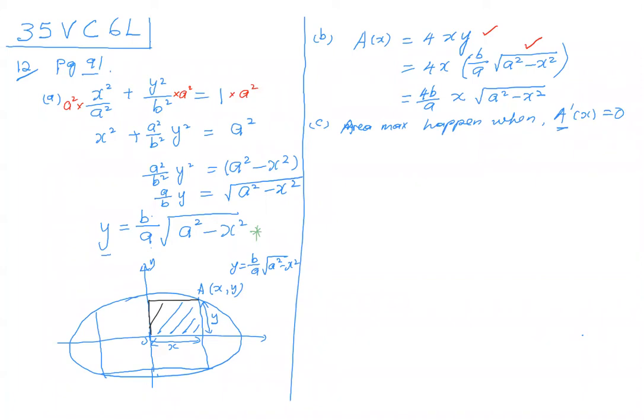So now your first step is to get A prime x. So you use the product rule. This is your u and this is your v. Please try to do it, and let the 4b over a be outside. It's fine.